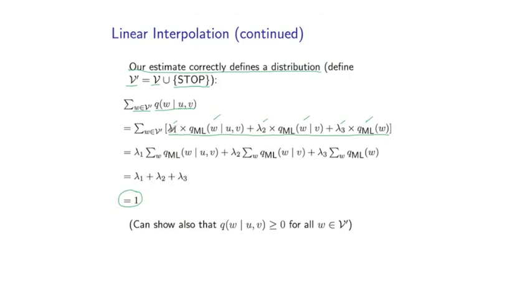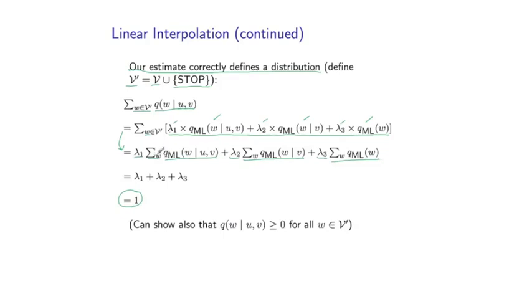So the first thing to notice is that these lambda parameters do not vary as w varies. So they can be brought outside the respective sums. And so this expression simplifies slightly. I have lambda 1 times the sum over w of the trigram estimate, plus lambda 2 times the sum over w of the bigram estimate, plus lambda 3 times the sum over w of the unigram estimate.